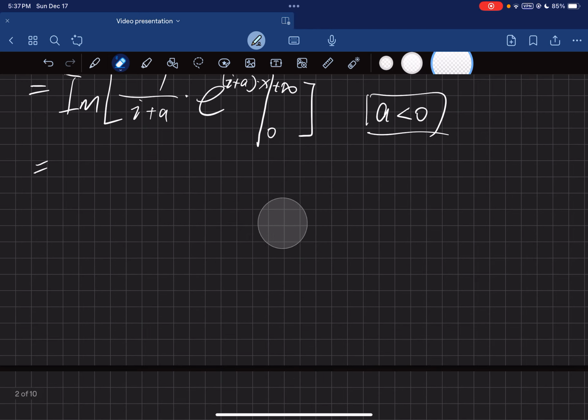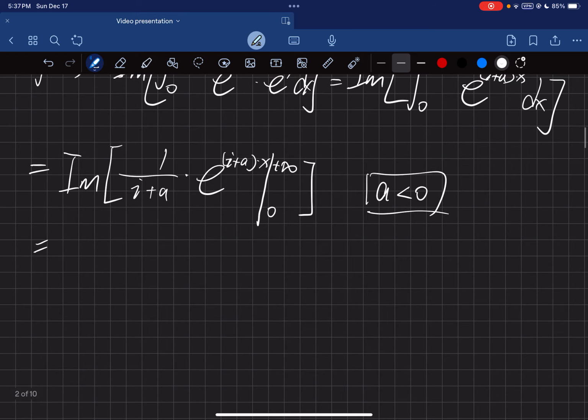So this function will be like the imaginary part of, and because when x approaches positive infinity the whole equation is 0, so take 0 and minus the value when x is 0.